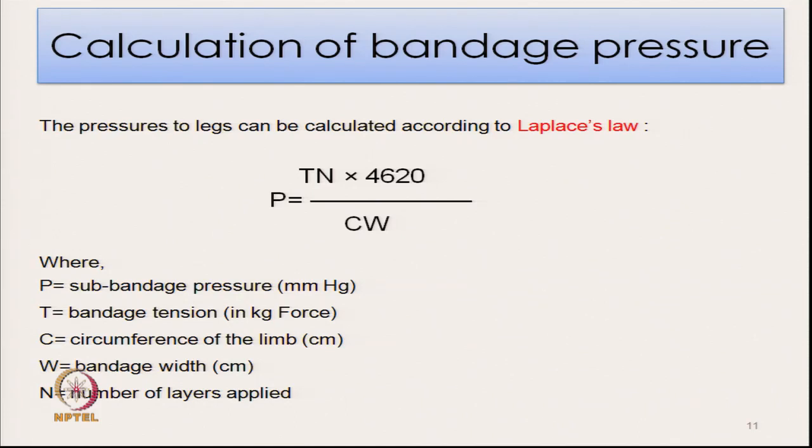So, we normally calculate the pressure using Laplace's law, which says P, the sub-bandage pressure, equals T, the bandage tension in kg force, C is the circumference in centimeter, W is width in centimeter, N is number of layers, and this is the constant for unit conversion.